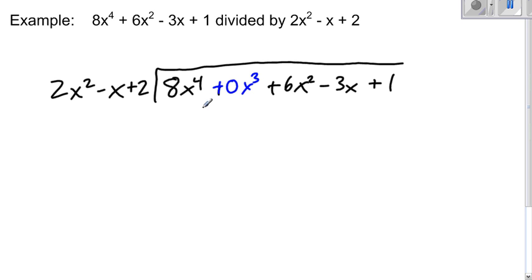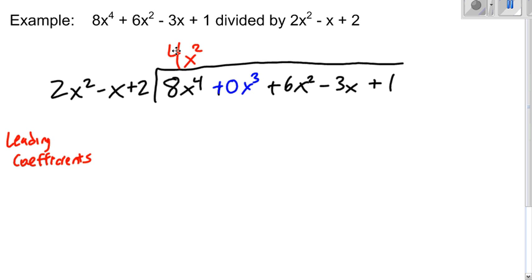So the first thing you do is you look at the leading coefficients. So the 8 and 2, 8 divided by 2 is 4. Also do the x's. X to the fourth divided by x squared would be x squared. Then you multiply back.